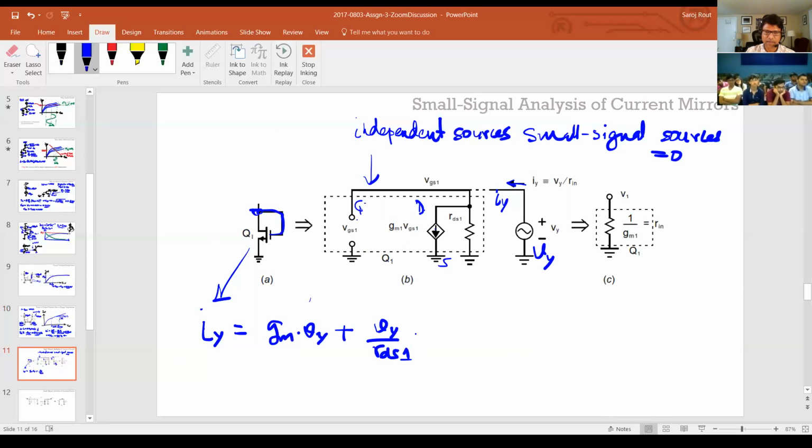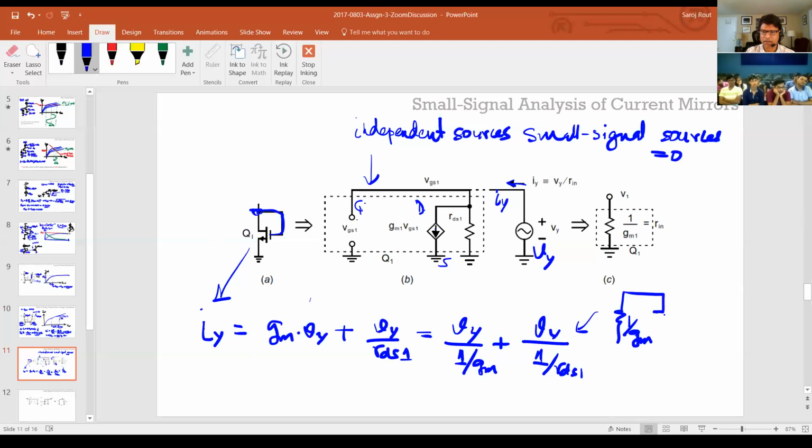Now, I can write it in a different way. It's Vy over 1 over Gm plus Vy over 1 over RDS1, or RDS. And this is nothing but two resistors in parallel. One is a resistor of value 1 over Gm. Another is a resistor of value RDS1, and that's your output impedance.